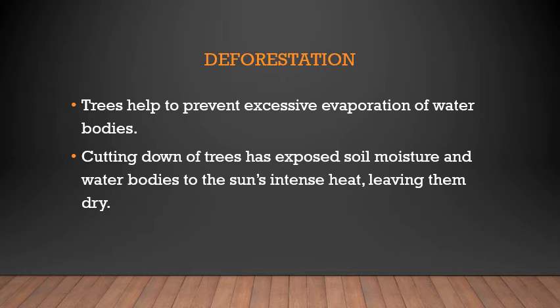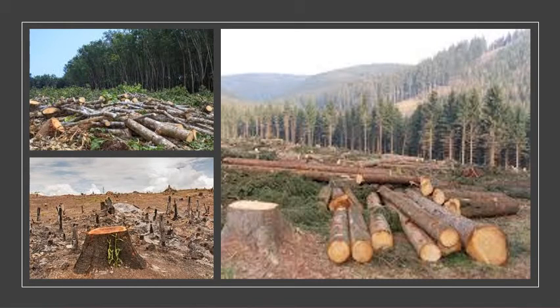We think that it is not going to make any difference, and we just cut down the trees without thinking anything about our future. But cutting down the trees will, in turn, kill all the human beings on the planet. So we have to be careful, we have to take care of the forest, we have to be responsible citizens of the world and take care of the environment around us, because it is not only our responsibility, it is our responsibility to the next generation also.